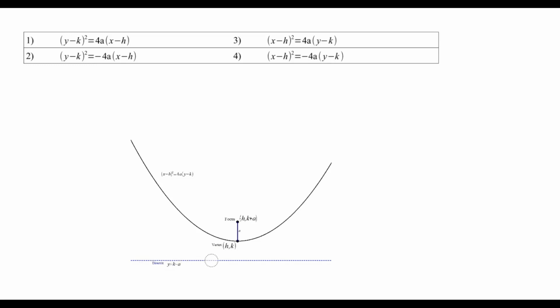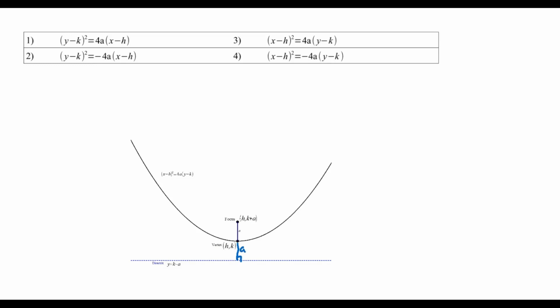And the directrix, you can see, is running perpendicular to this line that connects the vertex and the focus. And the directrix is also A away from the vertex. So this perpendicular distance right here is A.